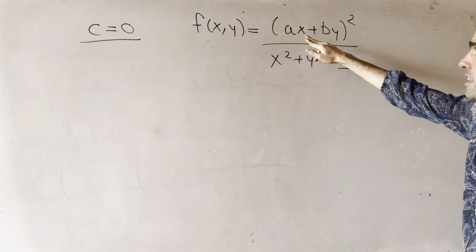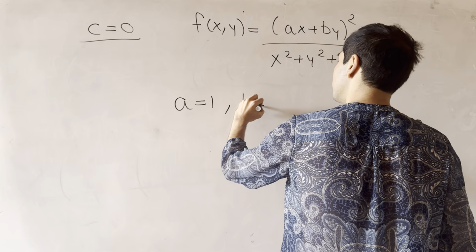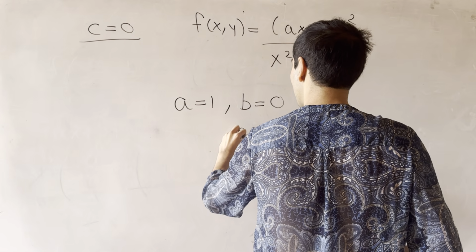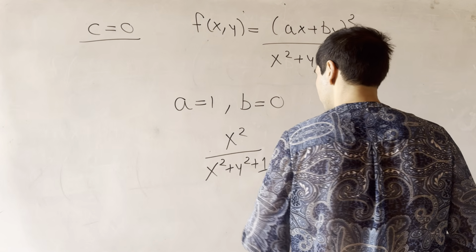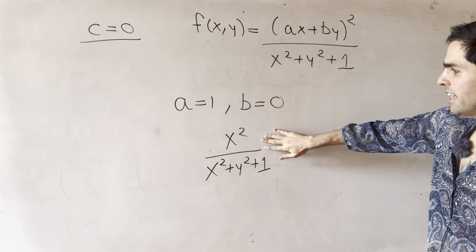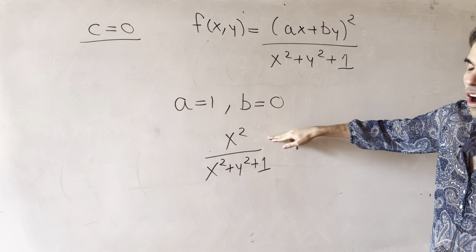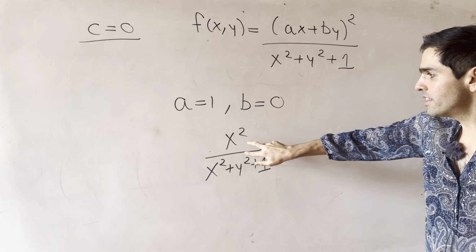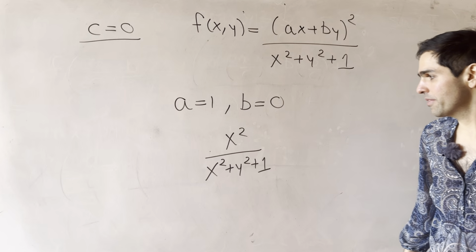Because, for instance, if you take the case a equals 1 and b equals 0, then you get x² over (x² + y² + 1). And in that case, the maximum doesn't exist because it would be 1, but that's only attained as x goes to infinity and, let's say, y equals 0 or something.